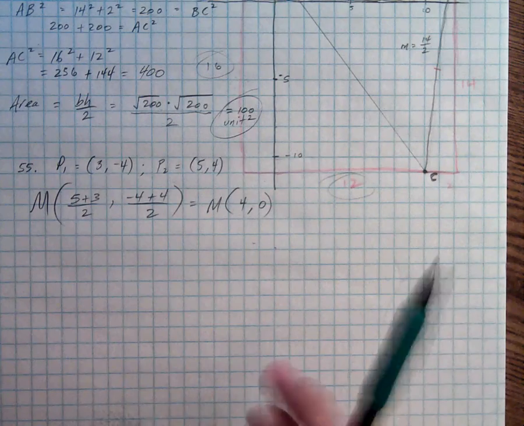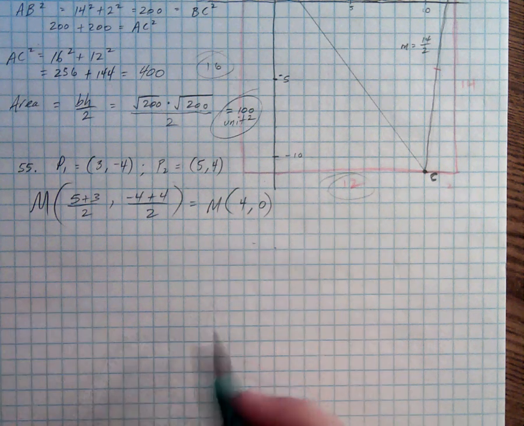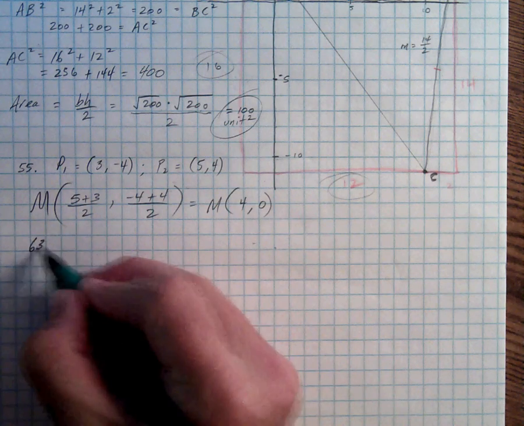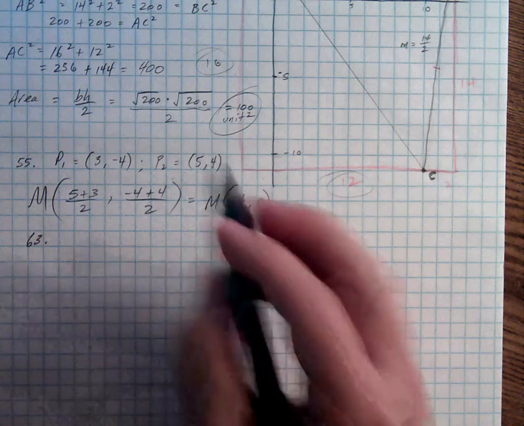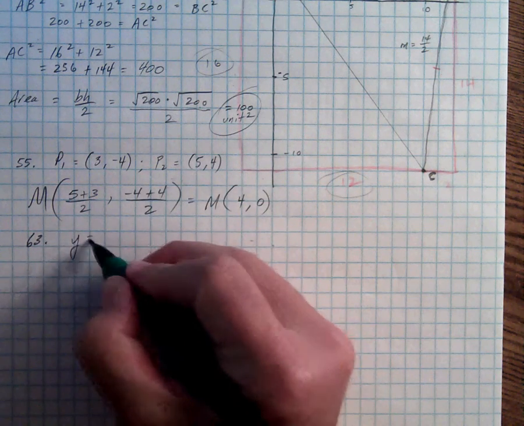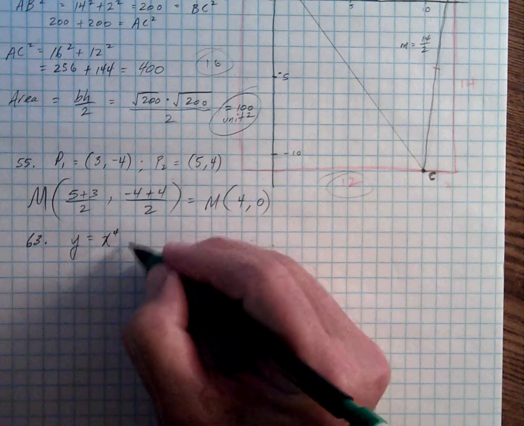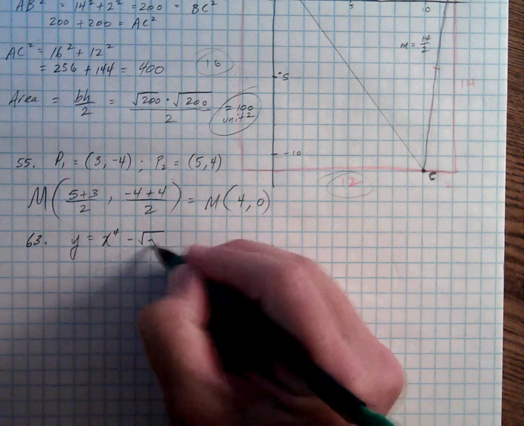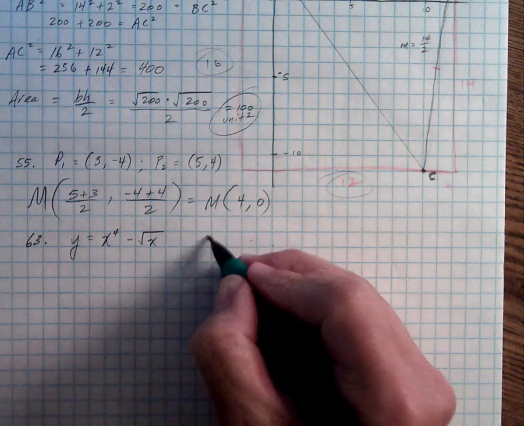Alright, in the next section it says, tell whether the given points are on the graph of the equation. So let's look at 63. So the equation is y equals x to the 4th power minus the square root of x. And the coordinates we're checking are 0, 0.